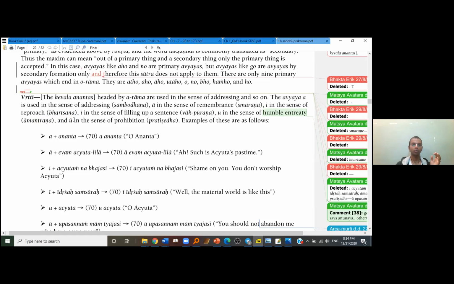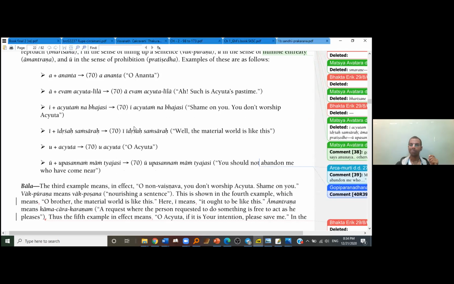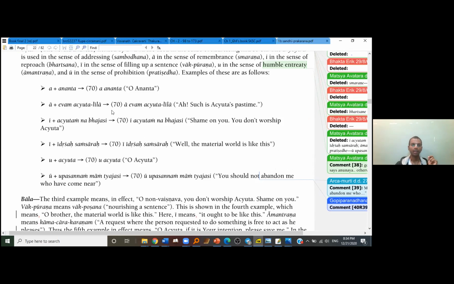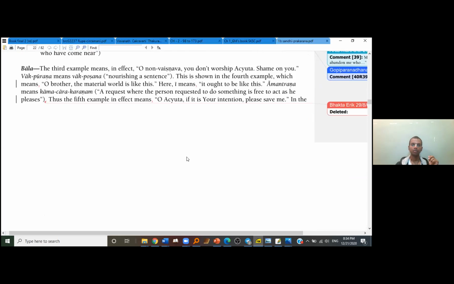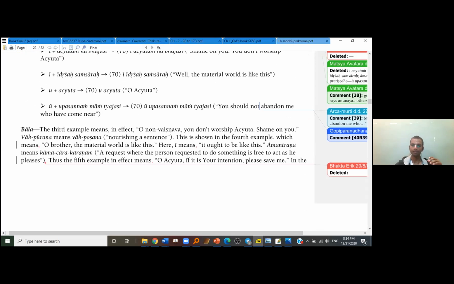And the Dirgha U in the sense of Pratishedha, prohibition. Yeah, Amantrana. Yes, so Pratishedha. Okay. So just please note it down.